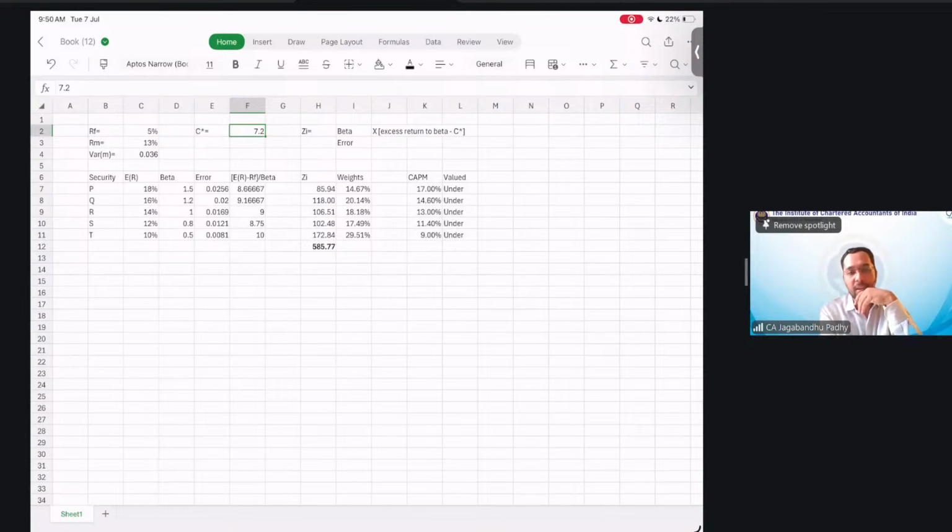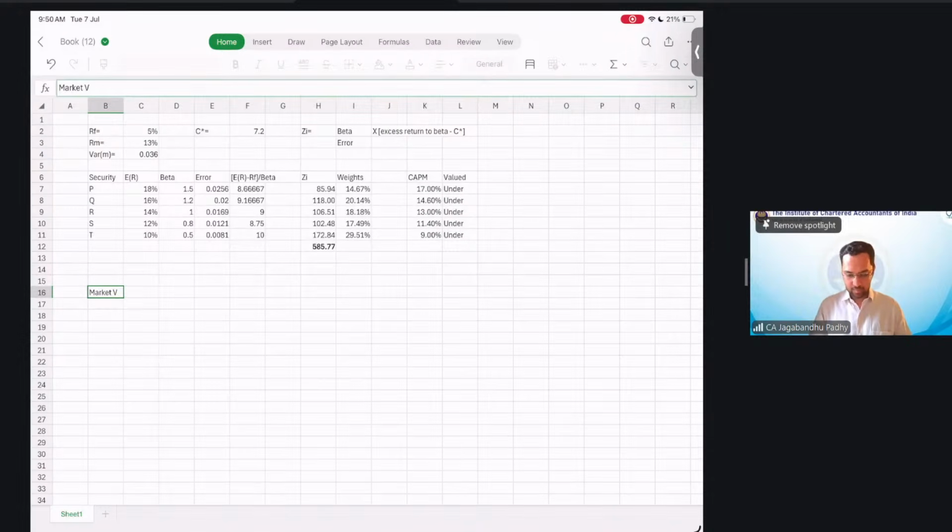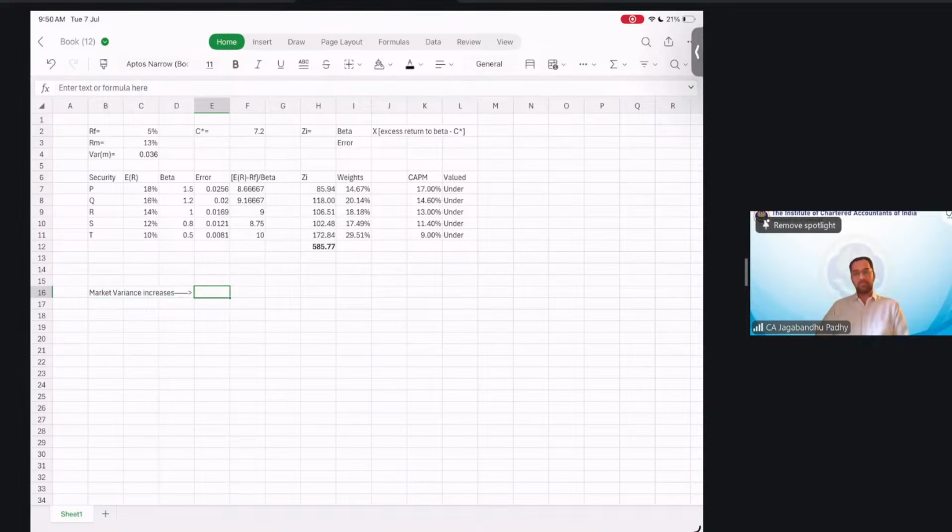Is the cutoff rate going to be higher or lower? Because if the market variance increases, what is going to happen?